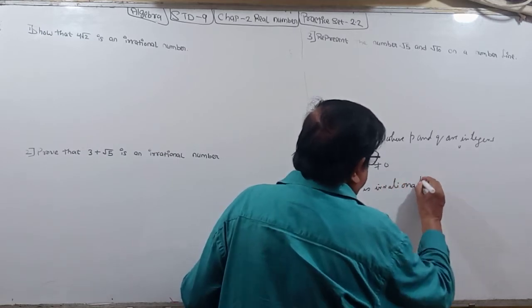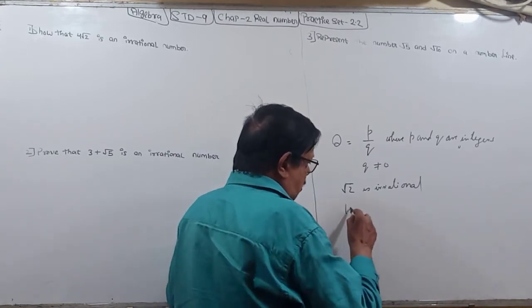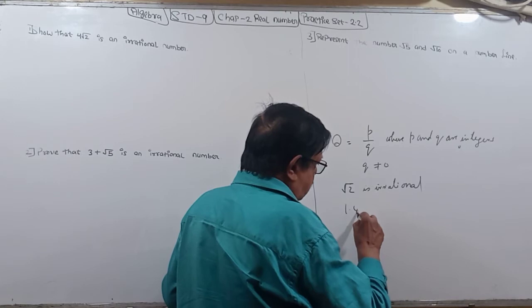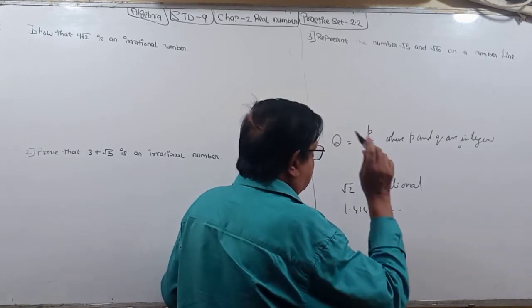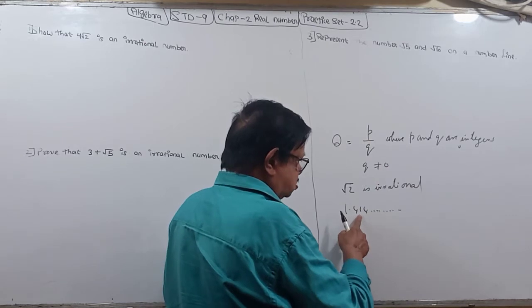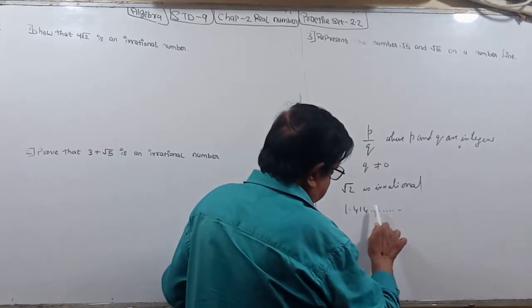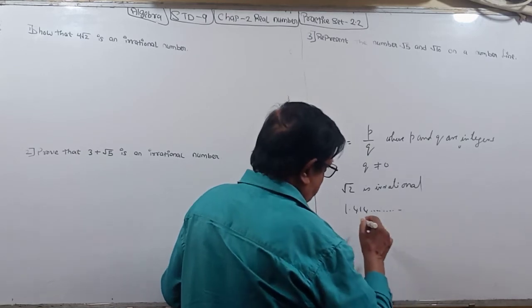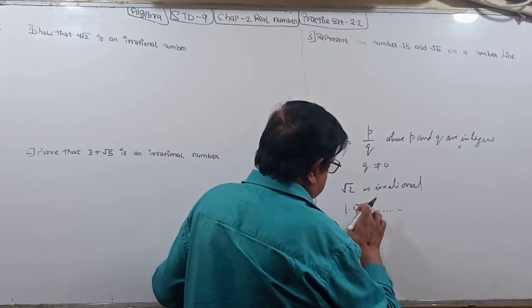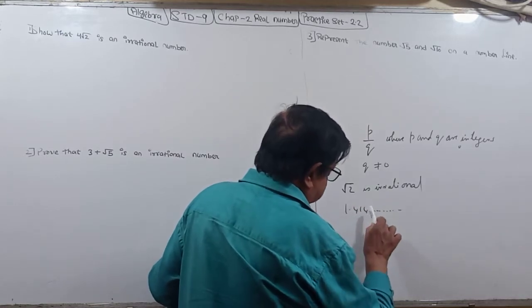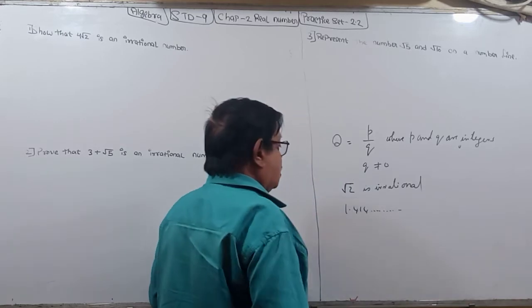If we find root 2, it comes as 1.414 and it keeps continuing. It is not recurring. It will go on and on.